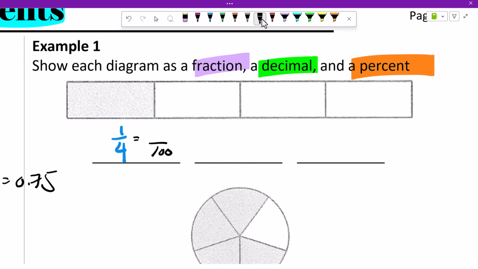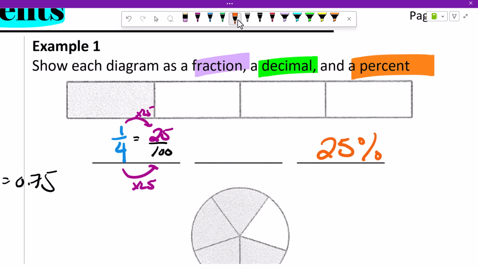So I go times 25, and I go times 25 on the top. 1 times 25, 25. If it's 25 out of 100, what percentage is that? 25%. So I'll do that there.